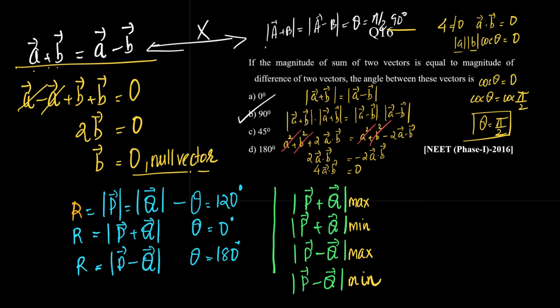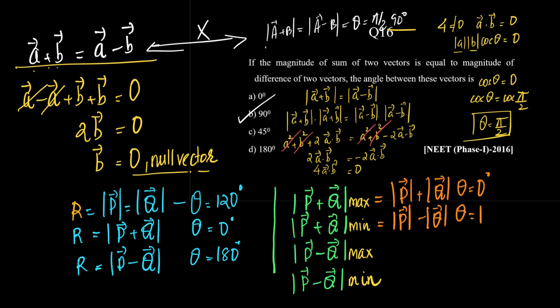And what does this imply? See, P plus Q is maximum, and the maximum value is equal to mod P plus mod Q, and this happens when theta is equal to 0 degrees. Okay, and the magnitude of P plus Q is minimum, and that minimum value is mod P minus mod Q, and this happens when theta is equal to 180 degrees.